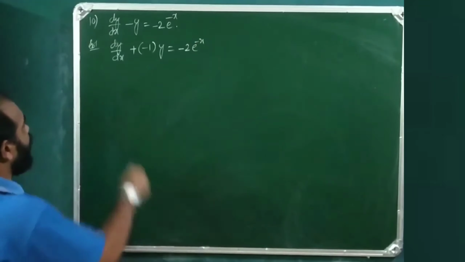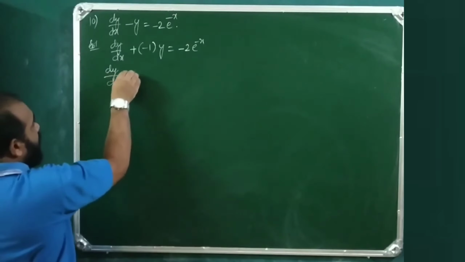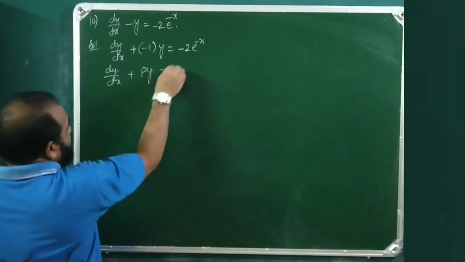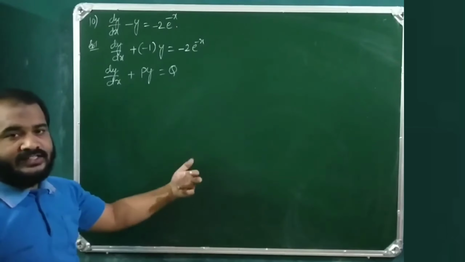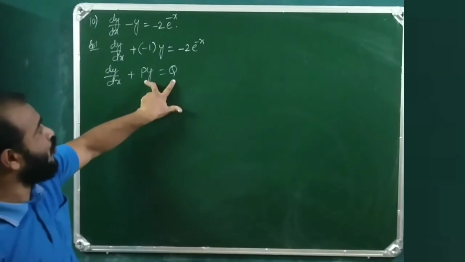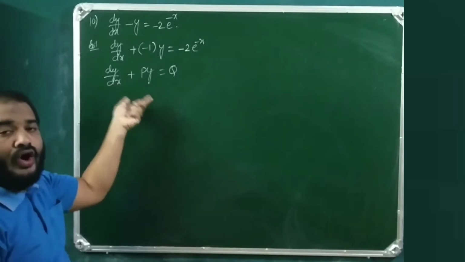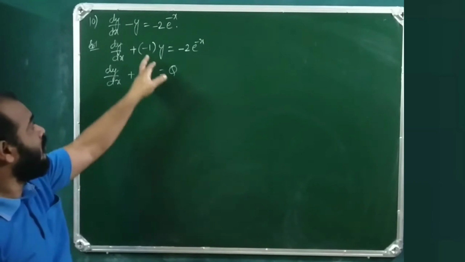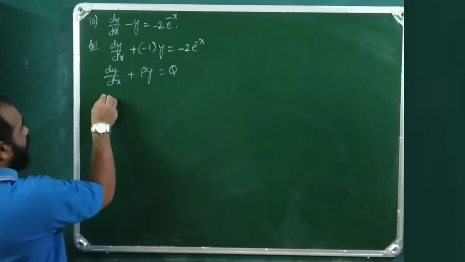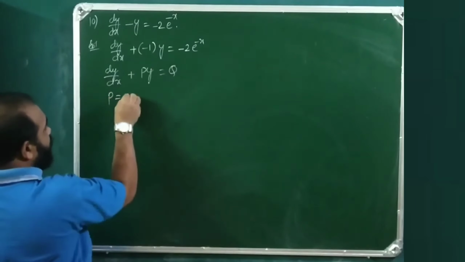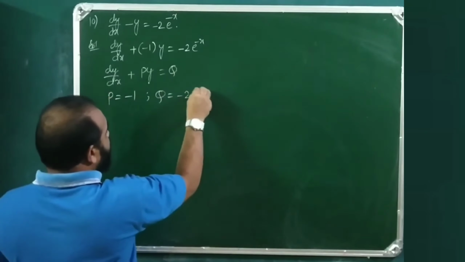So this is of the form dy by dx plus py equals q, which we have already discussed, where p, q are in terms of x or constants also. Here this is a constant, right? So here p is equal to minus 1 and q is equal to minus 2 e power minus x.